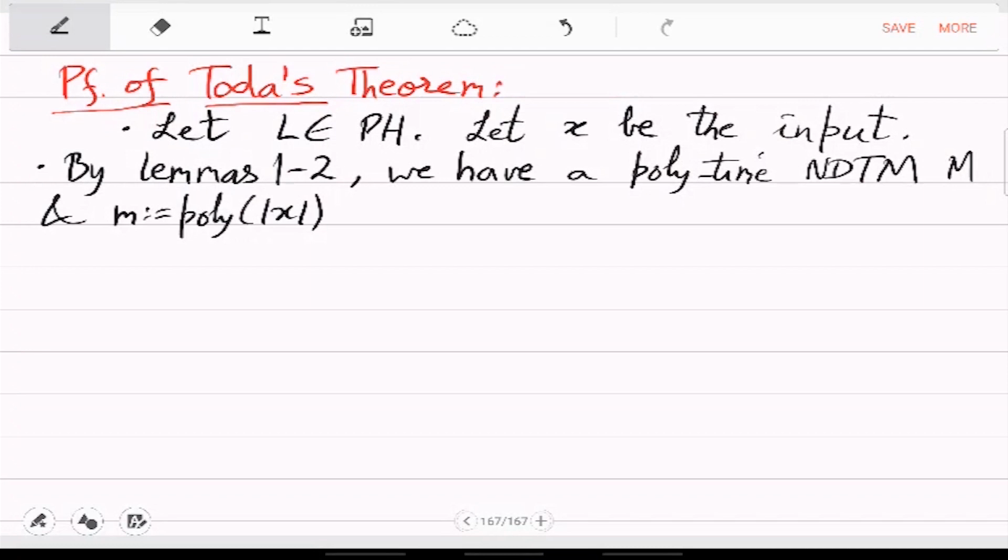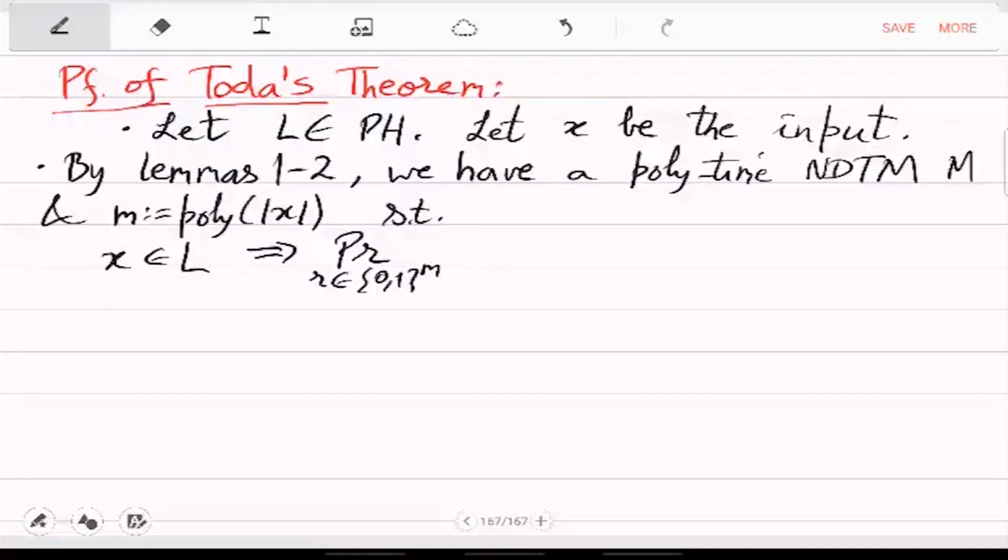So m is the polynomial blow up of the certificate length, such that if x is a yes string for the problem L, then the probability, in fact m was the length of the random bits, the random string length.